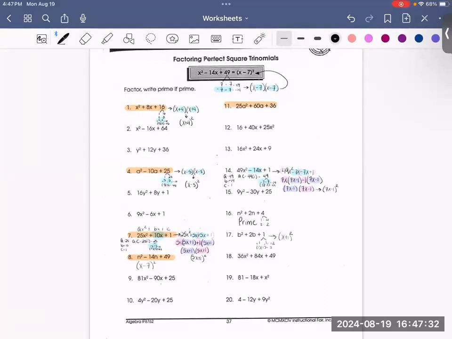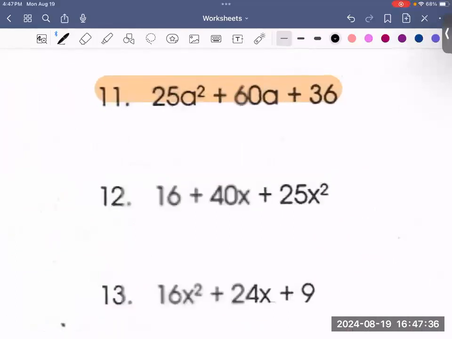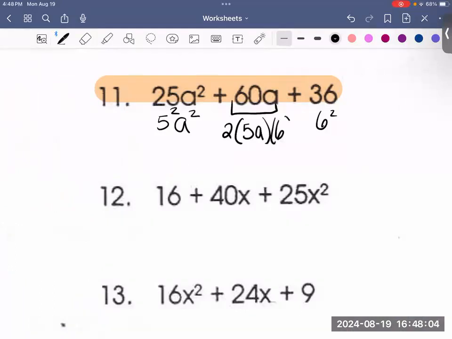All right, last one. So here, again, looking at the process of this, noticing that this is really 5 squared a squared, and this is really 6 squared. Now the middle term is really 2 times your first term, 5a, and your last term, 6.